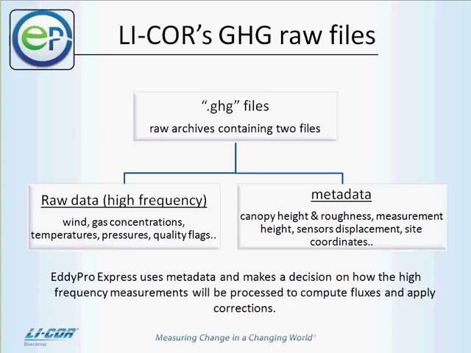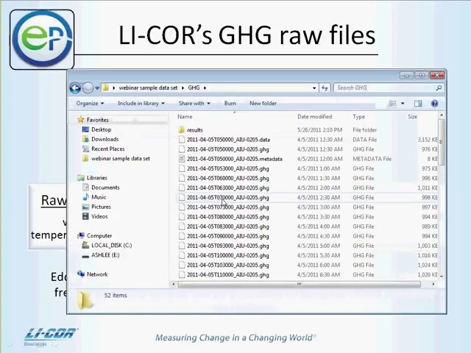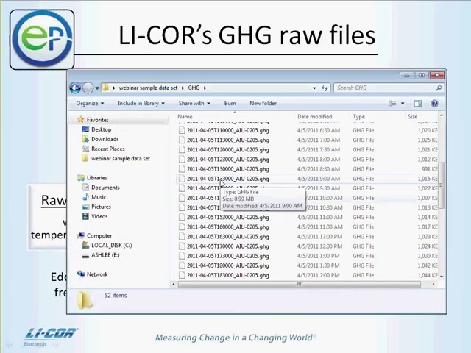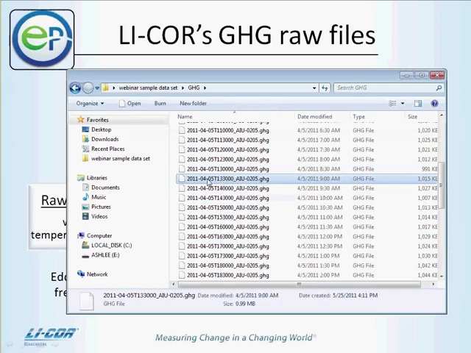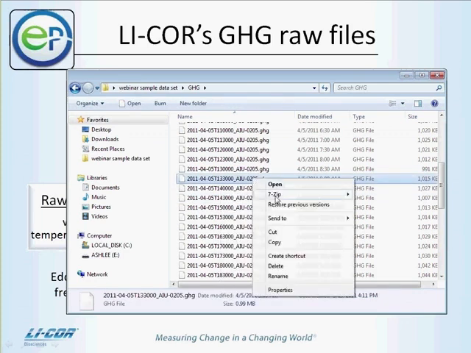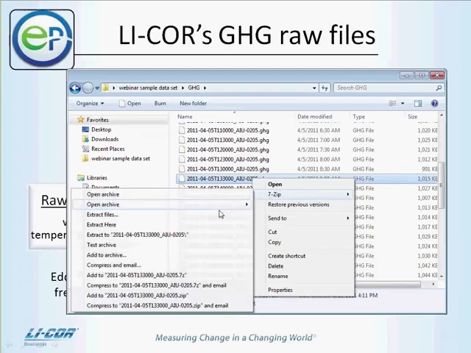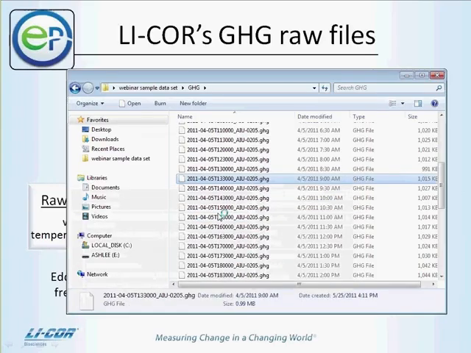So let's go to the folder where Gerardo saved his sample data files and see what is inside this archive. This .ghg, like any other archive, I can use a utility like 7-zip to extract. So I'll click on extract.